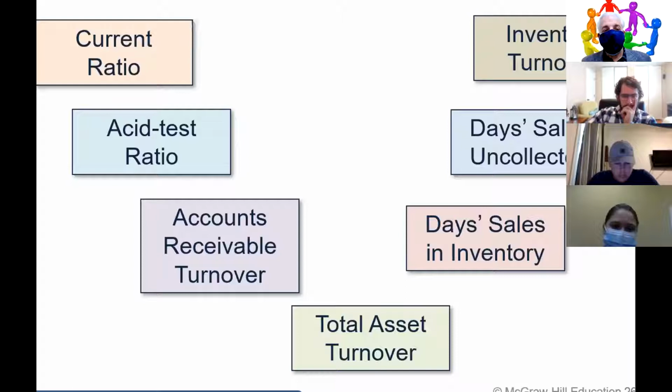In the chat, is the asset test ratio always going to be larger or the same or smaller? Yeah, we'll just use larger or smaller. Is the asset test going to be larger or smaller than the current ratio?